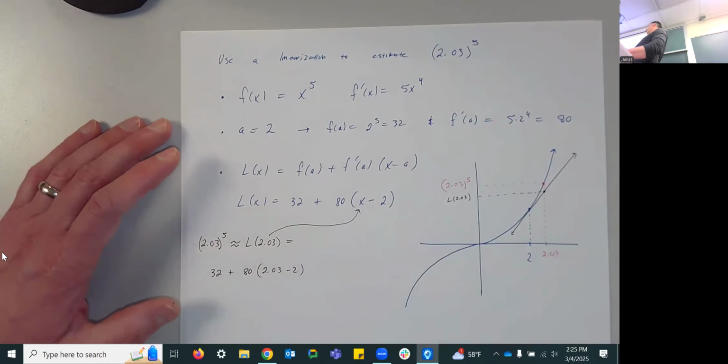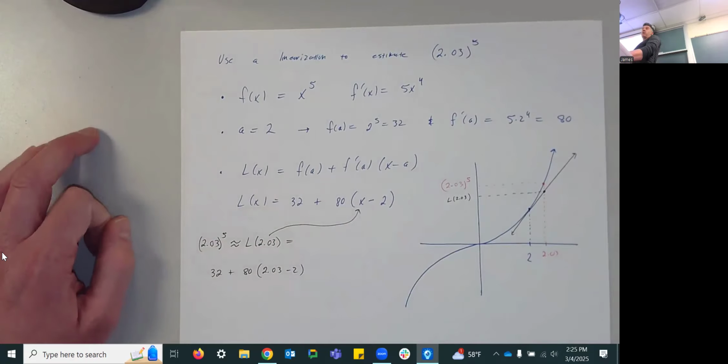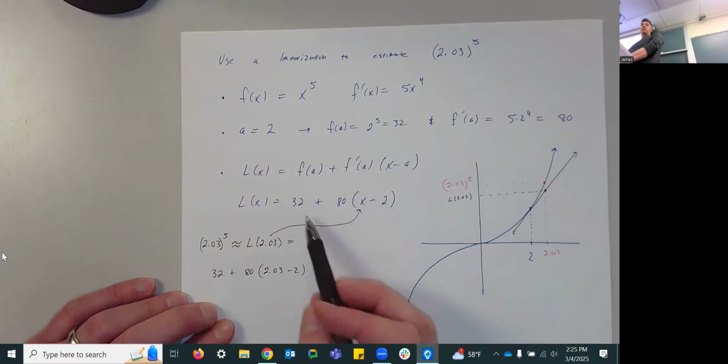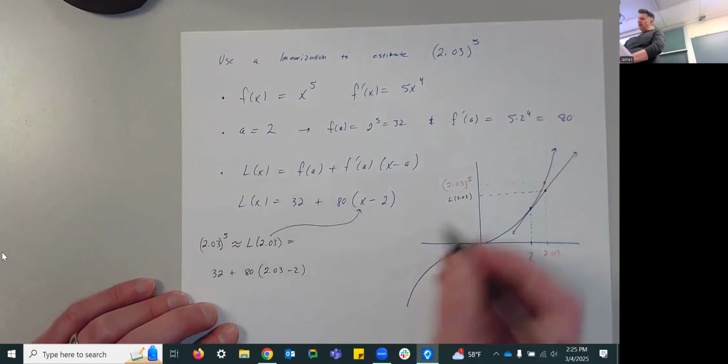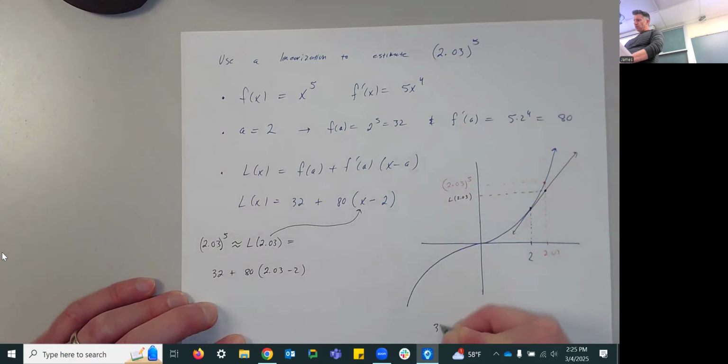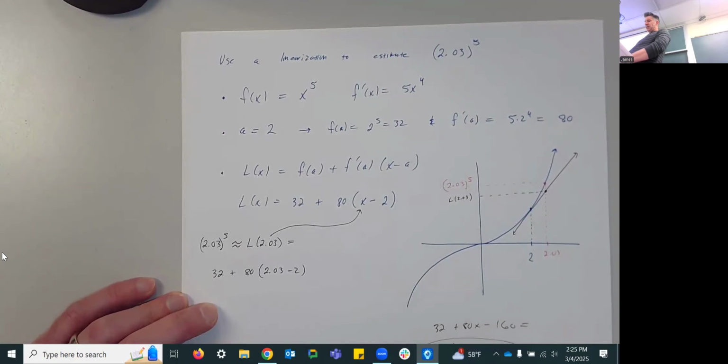I again want to point out, it really is better that I did not simplify this. I could have simplified this as something terrible like 32 plus 80x minus 160, which is negative 128 plus 80x, and then I'd have had to calculate 80 times 2.03, which just seems kind of terrible.